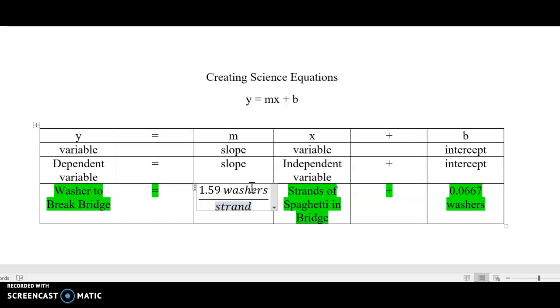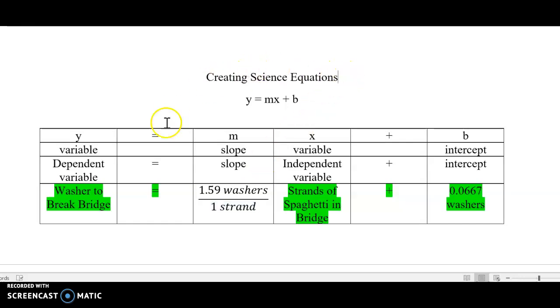And just like we would say that I am driving 65 miles per hour on the 101, I would say I have 1.59 washers per strand. And that per means for every one. So your denominator of your slope in your science equation is always going to be 1.